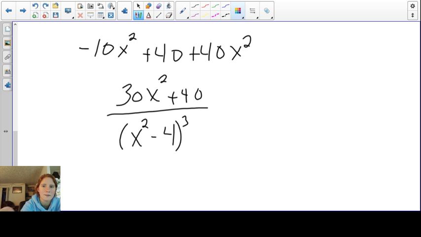Now the next idea is to set this equal to 0 and solve for x. So when I set this equal to 0, I have a fraction. First steps first to get rid of a fraction is you multiply by the denominator.